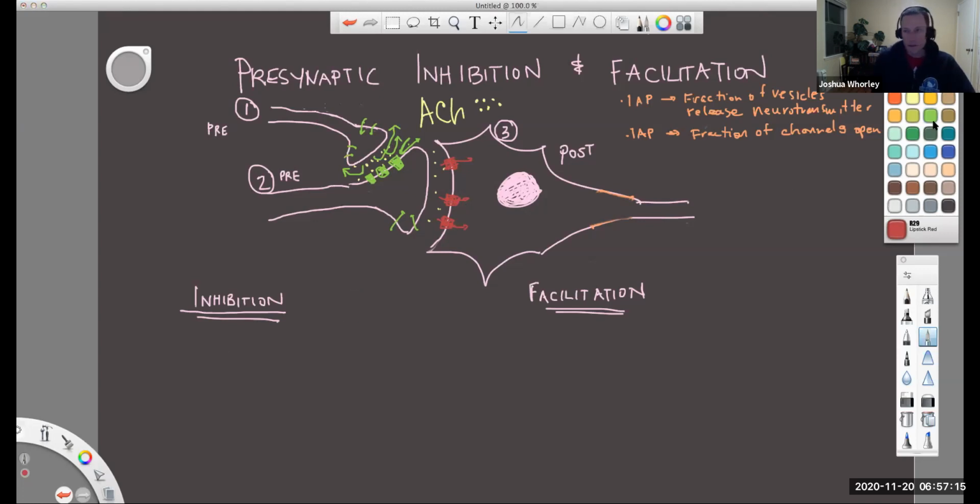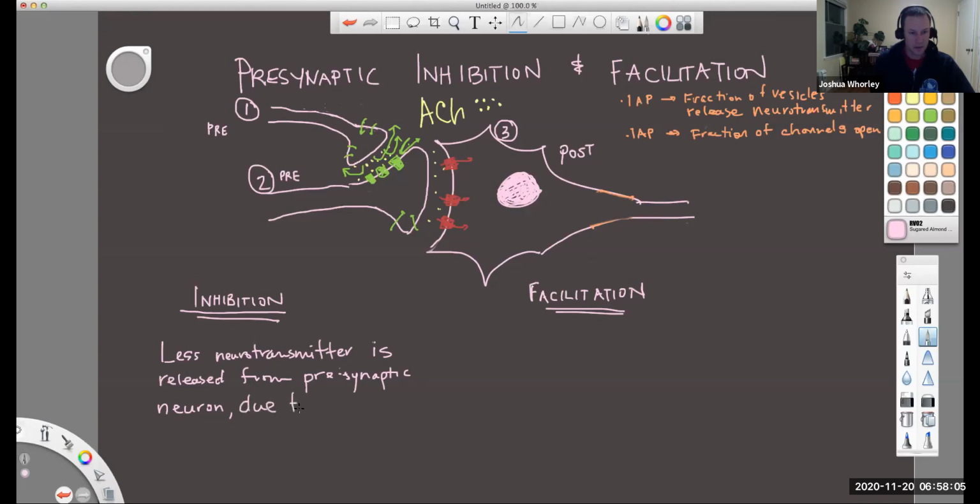let's summarize this here. Presynaptic inhibition is where less neurotransmitter is released from the presynaptic cell due to some sort of inhibitory mechanism, where, for example, calcium channels are blocked.